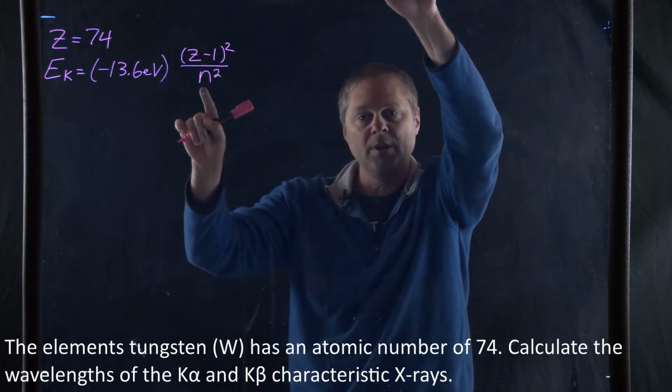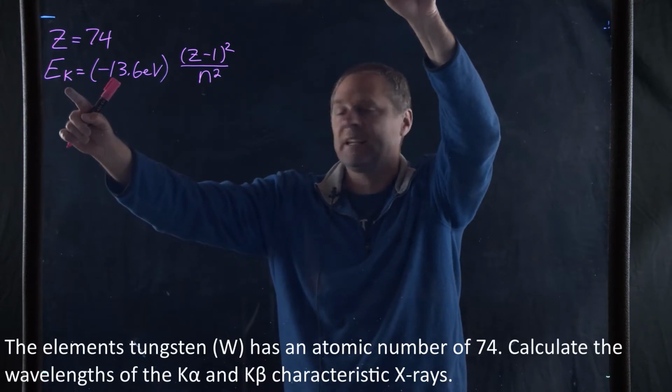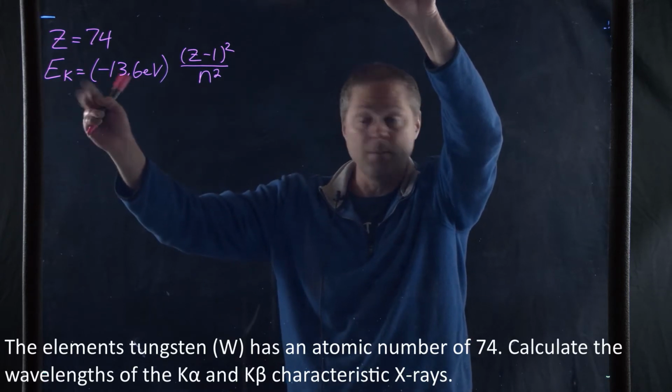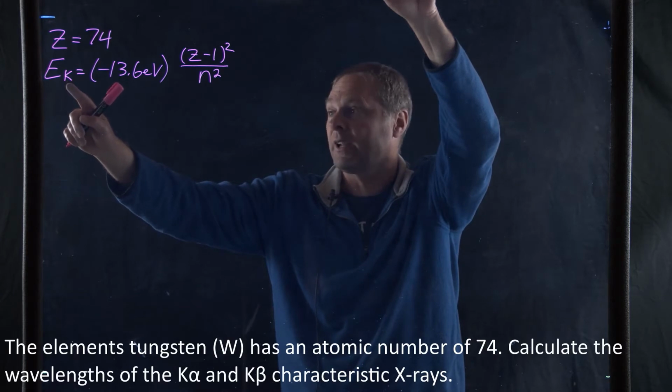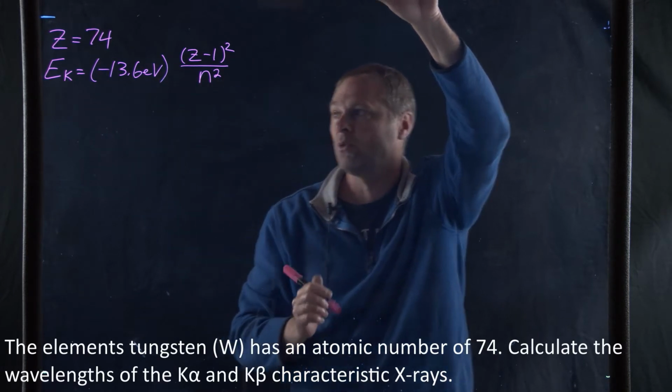The n is basically going to be the orbit. K is going to be the first one, K, L, M. So for K, our n is equal to 1.